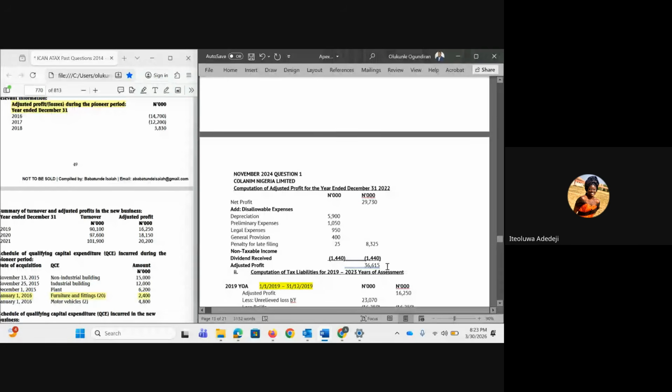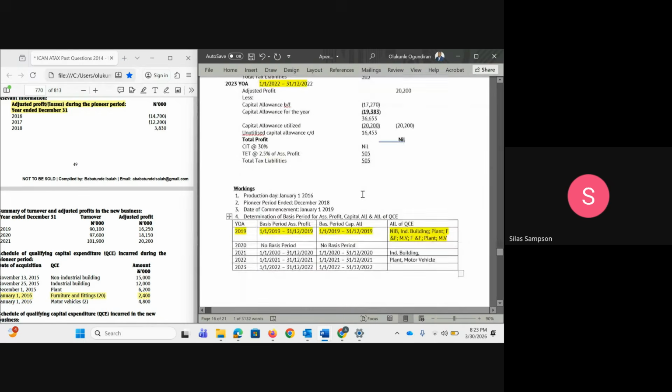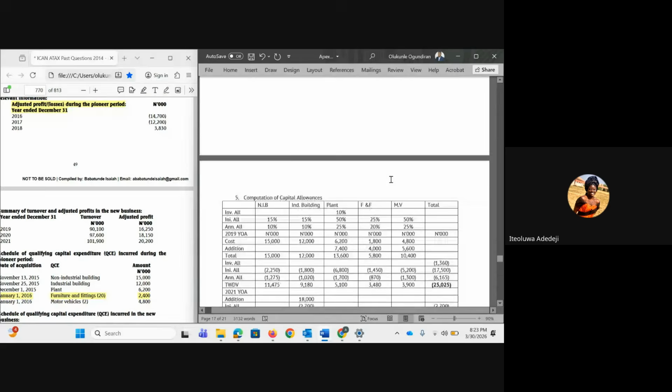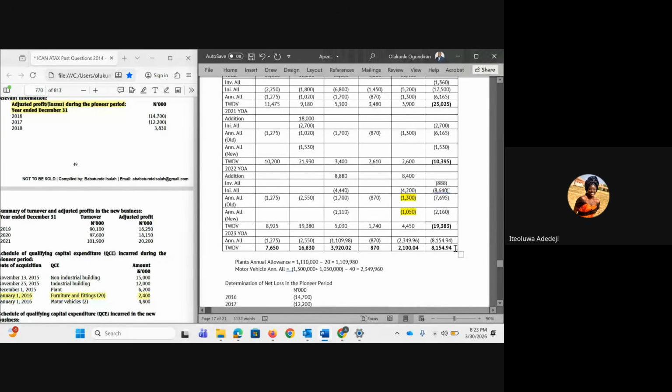Yes, 36,615. Capital allowance brought forward is 16,453. Is that correct? Yes, sir. Capital allowance for the year is 154.